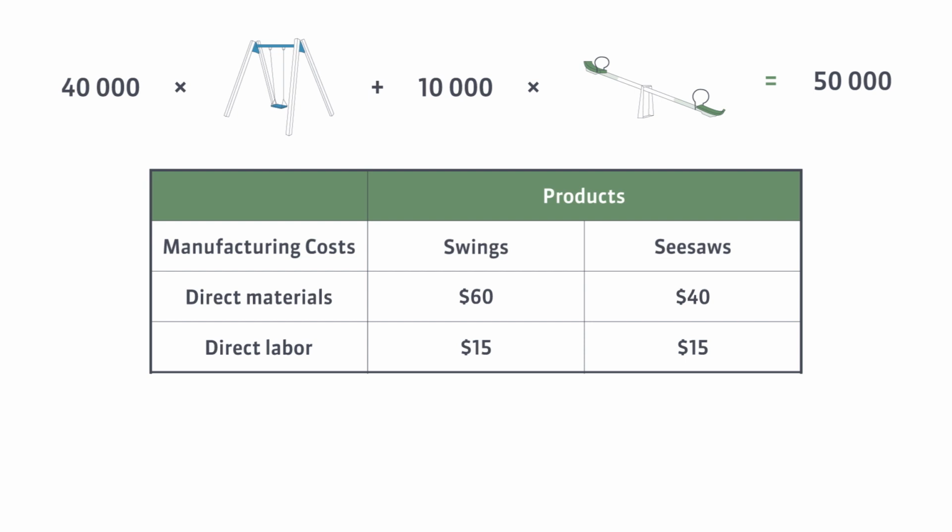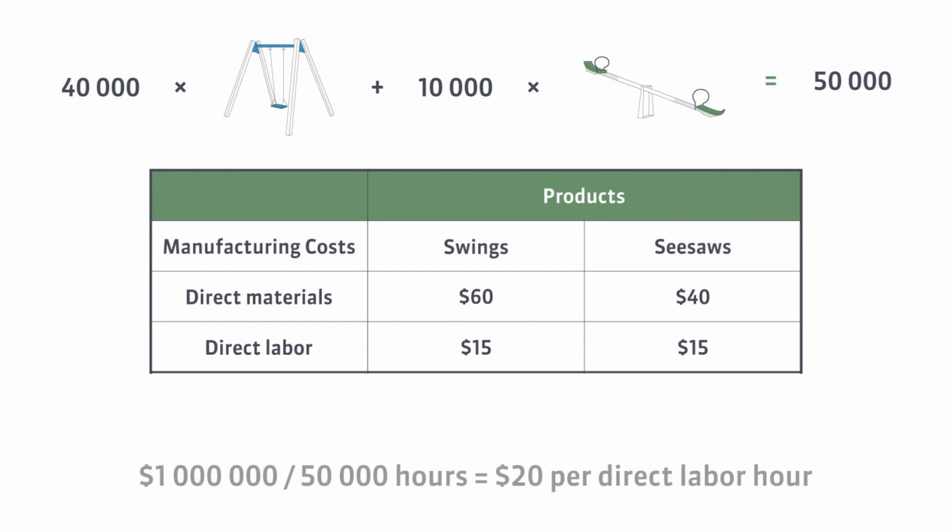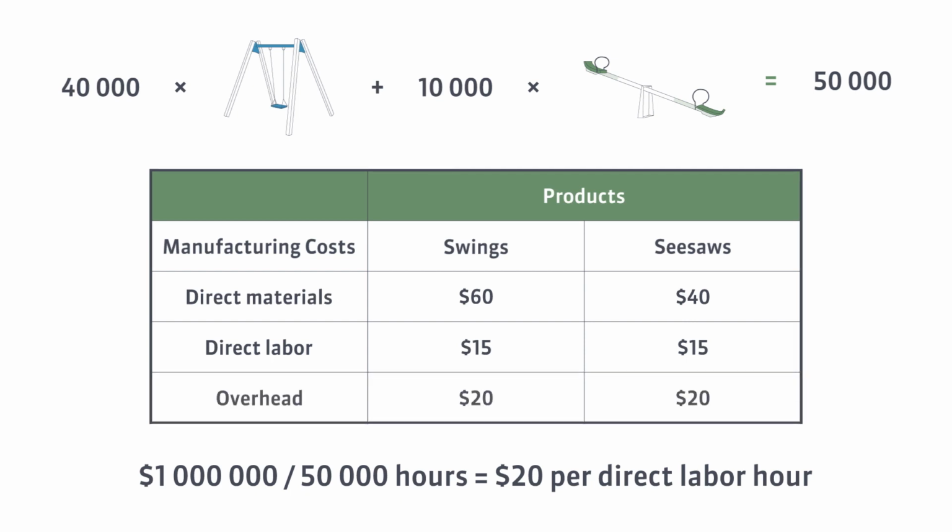Expected annual manufacturing overhead costs are $1 million. Thus, the predetermined overhead rate under traditional costing using direct labor hours is $20 per direct labor hour.